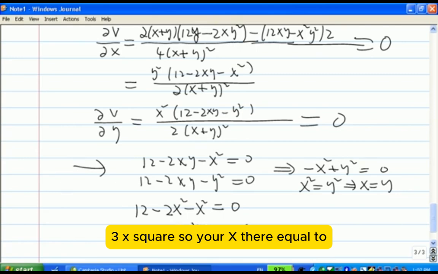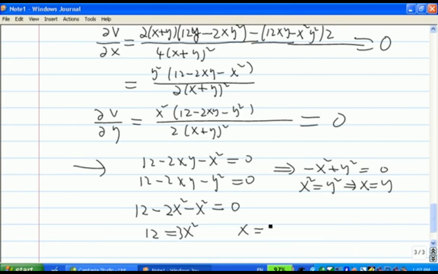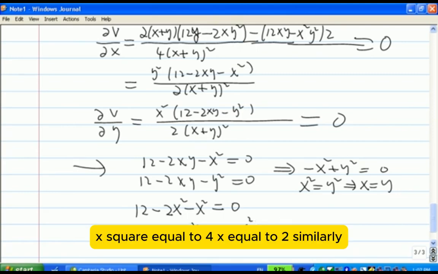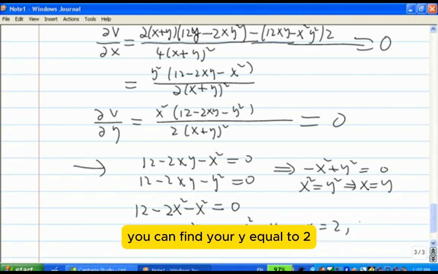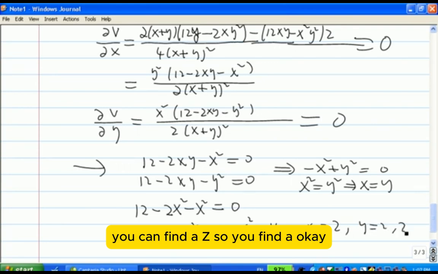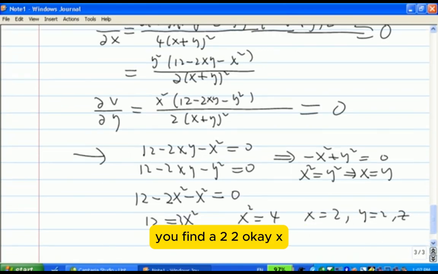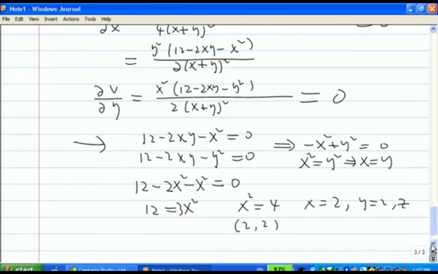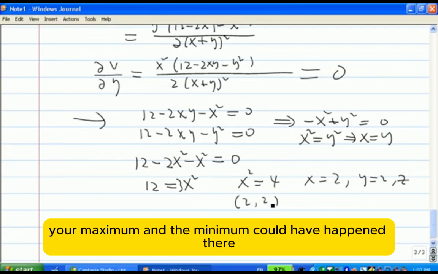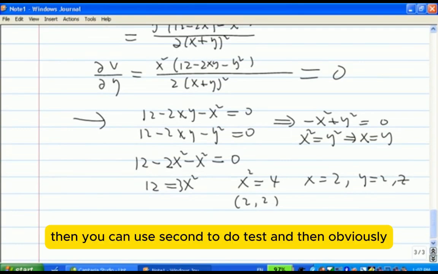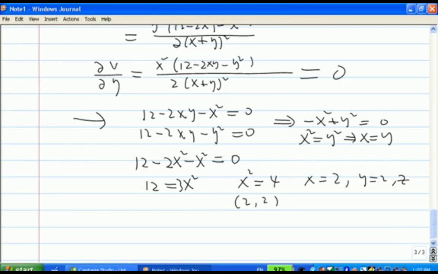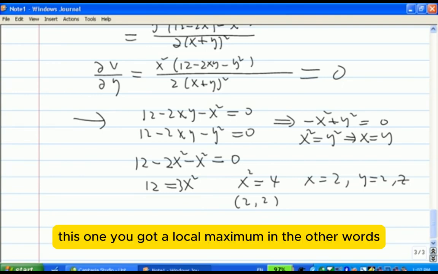So x squared equals 4, x equals 2. Similarly, you can find y equals 2. X equal to 2, y equal to 2 is where the maximum or minimum could happen. Then you can use the second derivative test, and obviously here you got the local maximum.